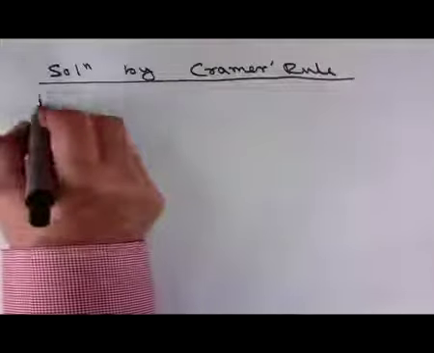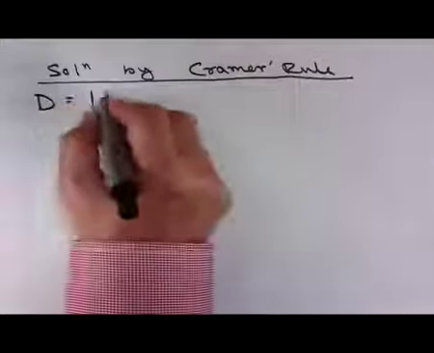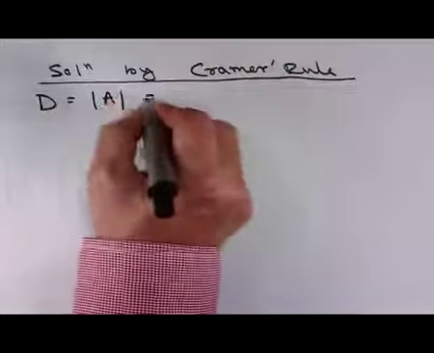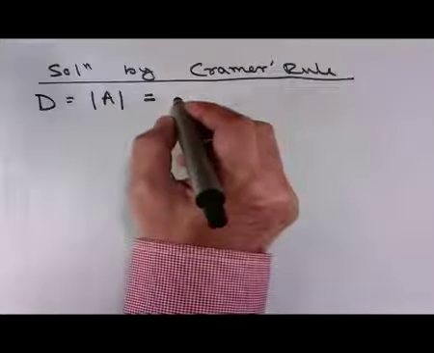We know D is equal to determinant of A is equal to 4.